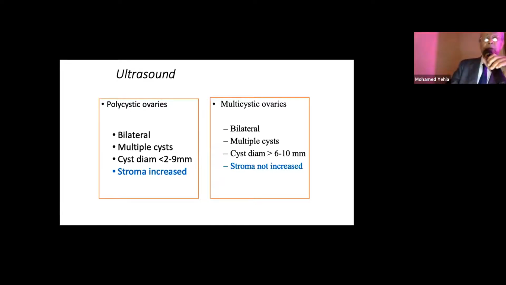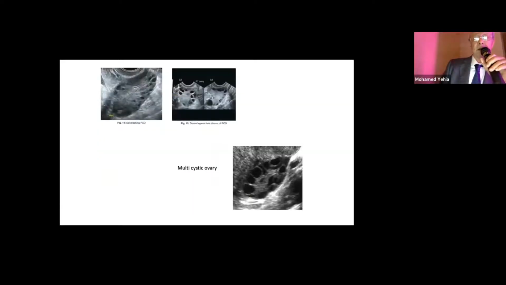The difference between polycystic ovary and multicystic ovary: they both are bilateral and they have multiple cysts. However, in the multicystic ovaries, the cysts are usually larger in diameter, but the main difference lies in the stroma. Polycystic ovary has a very thick stroma.